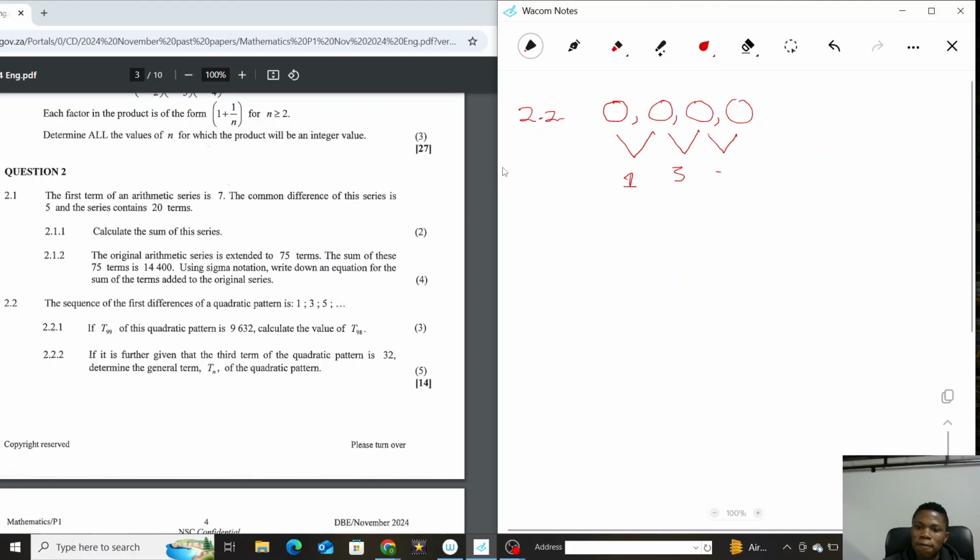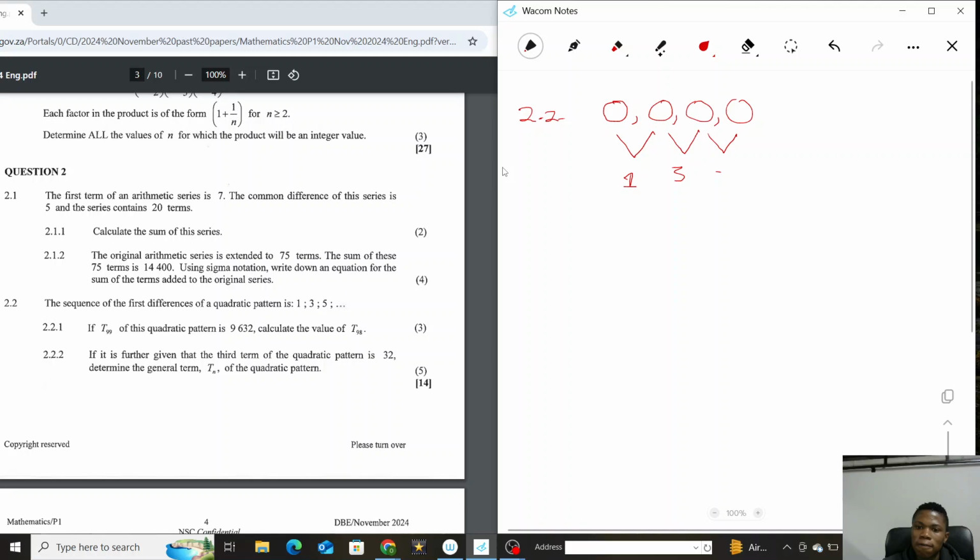Okay, I know that somewhere there will be a T98, and the following one will be T99, but T99 is 9632, and then this continues.